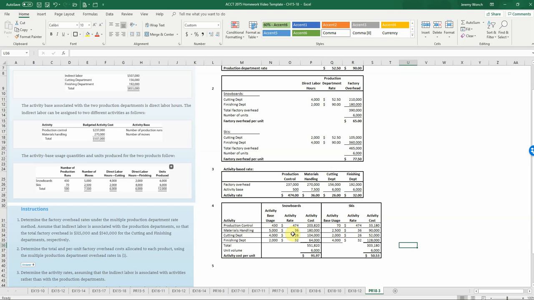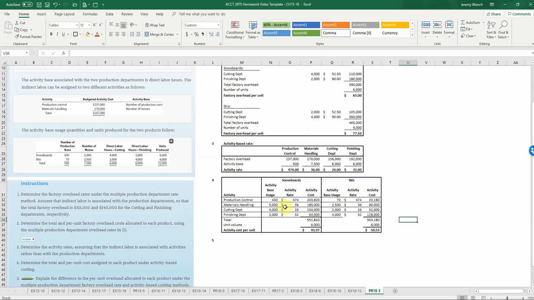And that's a big cost because it's $474 per production run. The departmental way of doing it just aggregates that and assumes a pro rata split, when that's not the case. So we lose a lot of detail and information just doing the simplified departmental rate.